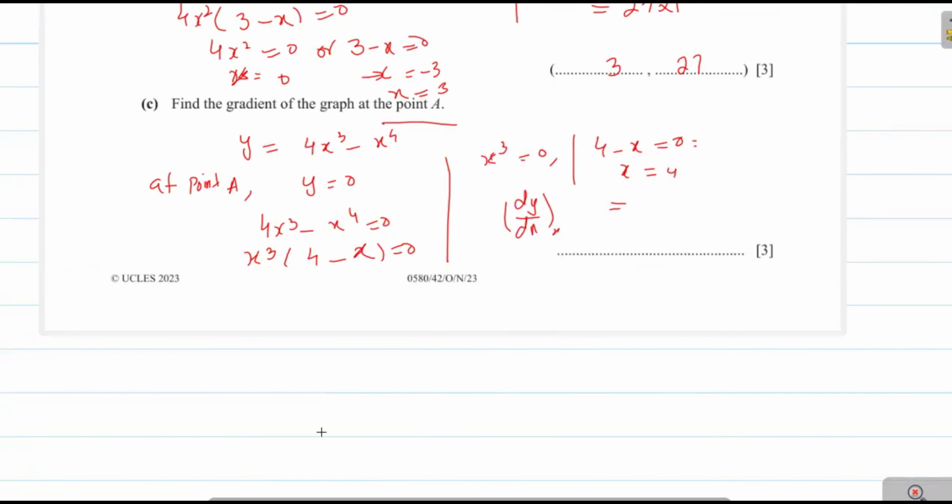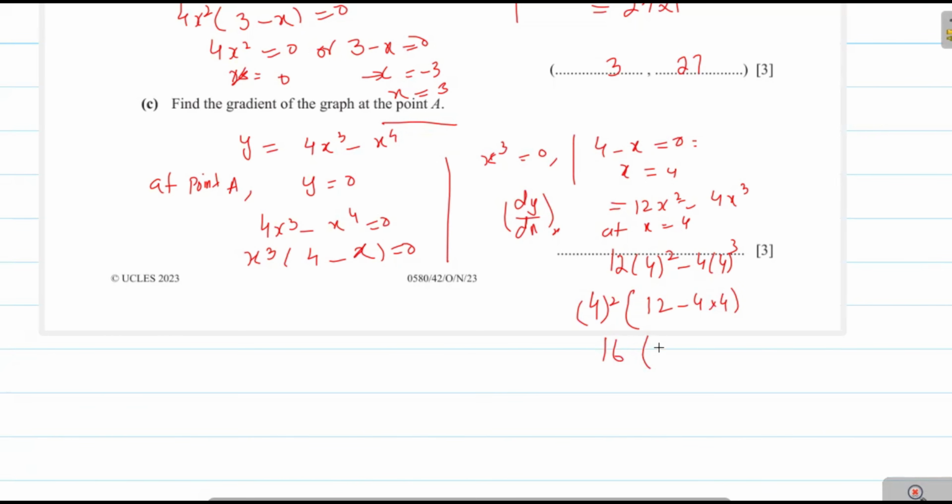At x equal to 4, this value becomes 12 into 4 square minus 4 into 4 cube. Now 4 square is taken as a common, that's 12 minus 4 into 4, and this will be equal to 16 into 12 minus 16, which is minus 4. This is equal to minus 64.